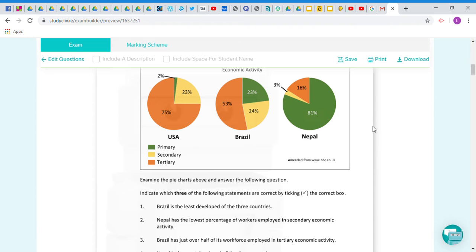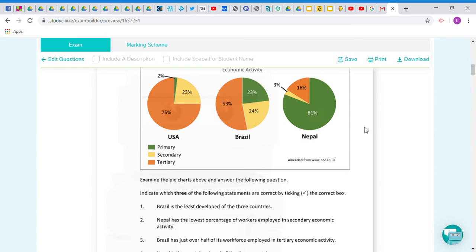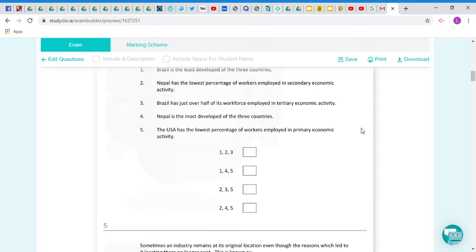So that's true. So 2 and 3. Nepal is the most developed of the 3 countries. That's false. And the USA has the lowest percentage of workers employed in primary economic activities. That is true. So it's 2, 3 and 5. So you tick this box 2, 3 and 5.